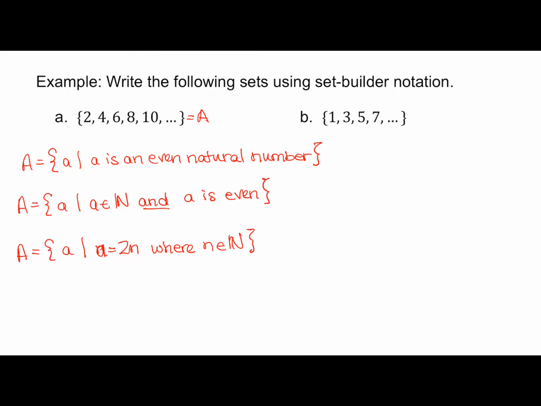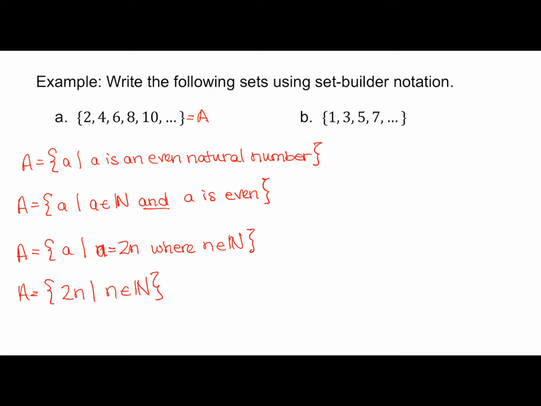And finally, I could clean this up a little bit by just saying A is the set of elements that look like 2n such that n is a natural number. Okay. And you notice this last line is a lot more concise than what we started with.